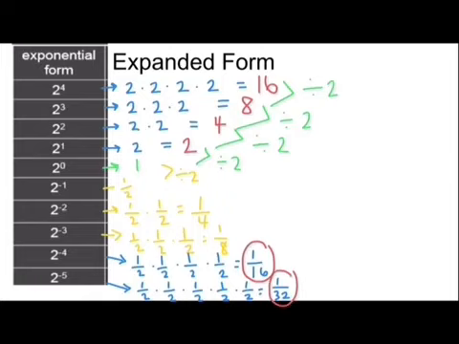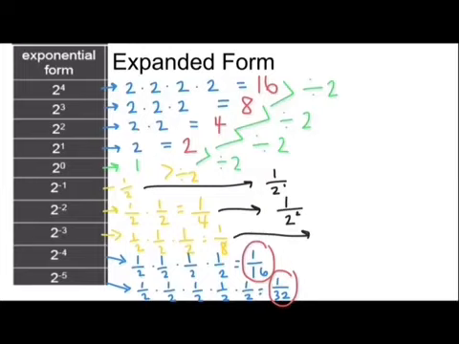Now, an important thing to know is that you can also write these as a fraction without the negative exponent. And so 2 to the negative 1st power is the same thing as 1 over 2 to the 1st power. 2 to the negative 2nd power is the same thing as 1 over 2 squared. 2 to the negative 3rd power is 1 over 2 to the 3rd power.